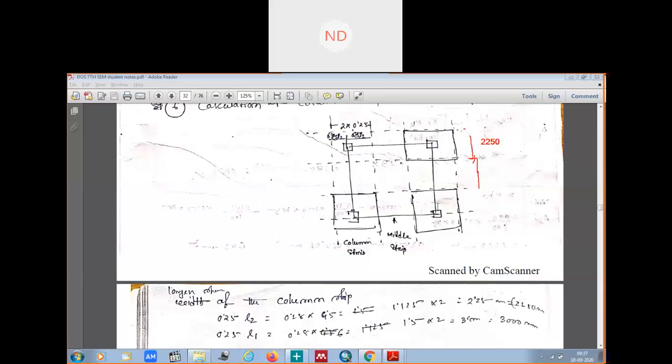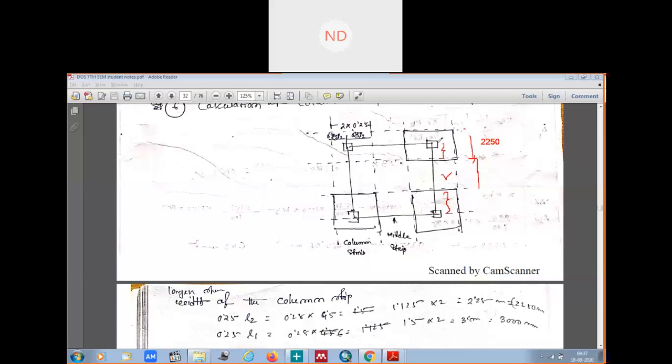So from the center, this one we know 4.5. Now, if we subtract from this 4.5, this distance from here to here, if we subtract this distance and this distance, we will get how much? This distance will be determined.